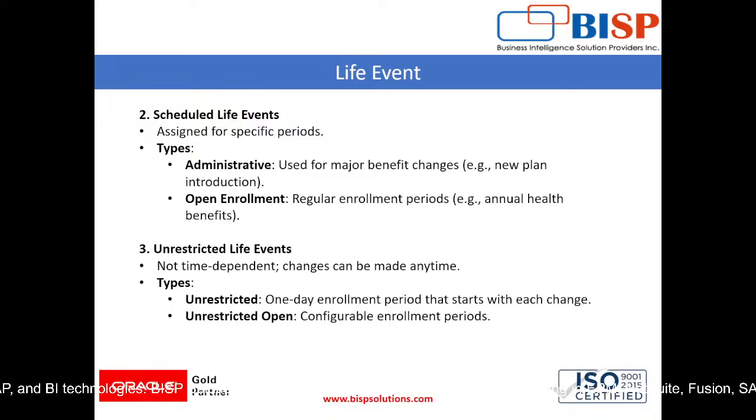Then there is open enrollment, which is a regular enrollment period, for example annual health benefit. The open enrollment life event determines eligibility for an enrollment period. An open enrollment period typically reoccurs on a scheduled basis, such as an annual health and welfare benefits enrollment or a quarterly savings plan enrollment.